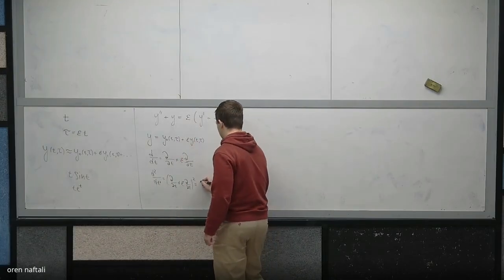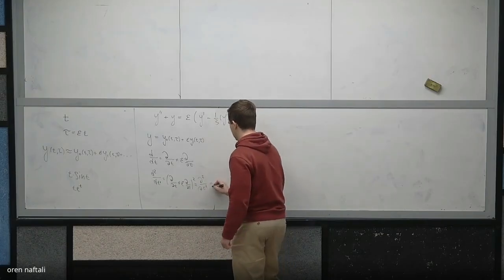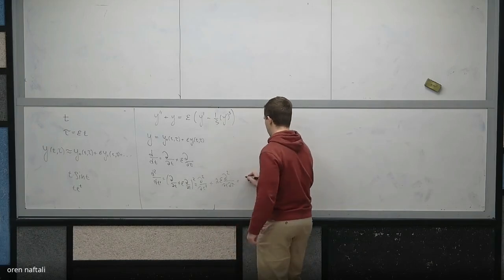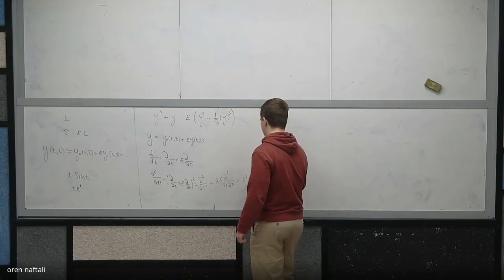So it's the second partial in t, plus 2 epsilon times the mixed partial in t and tau, plus epsilon squared times the second partial in tau.